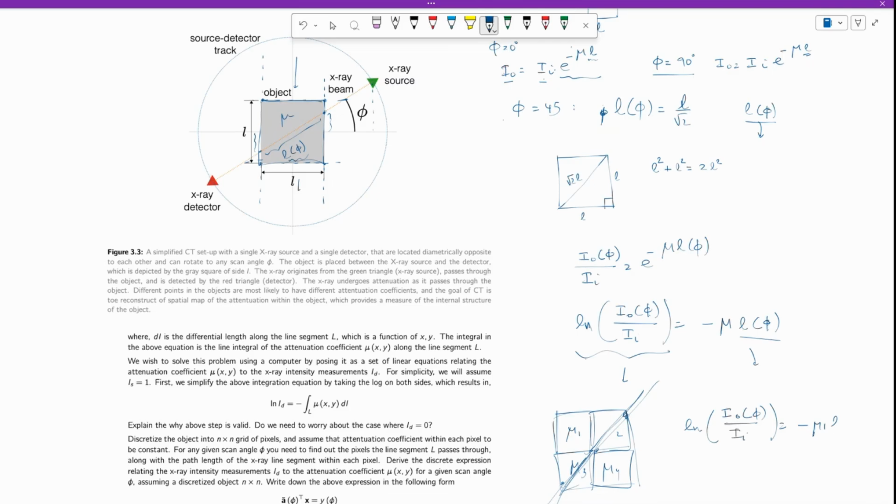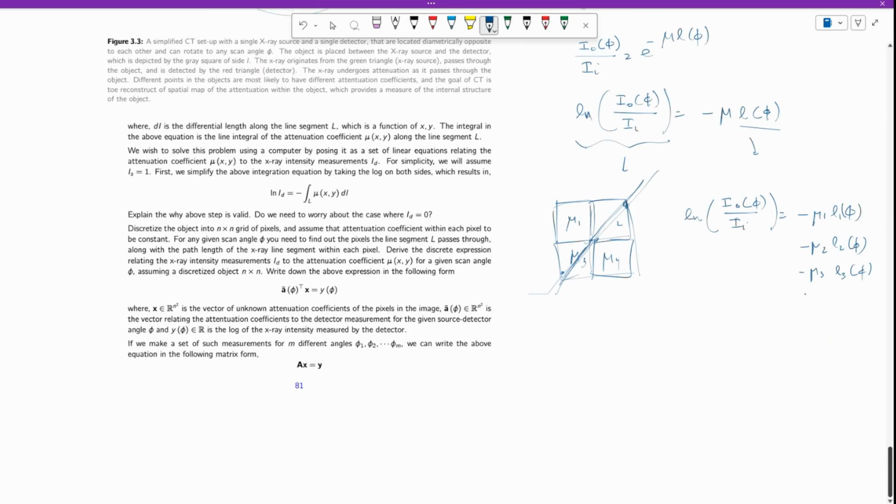Minus mu1 L1 phi minus mu2 L2 phi minus mu3 L3 phi minus mu4 L4 phi. You have 4 unknowns. You have an equation like this. You need at least 4 readings to be able to find out what are the 4 absorption coefficients. But in your case, you're not interested in finding the absorption coefficient.